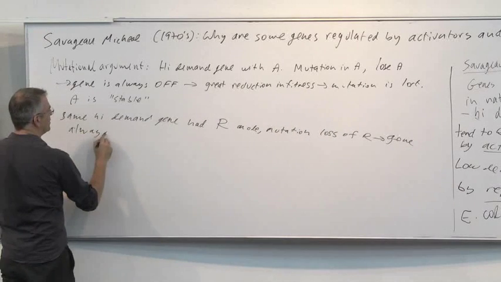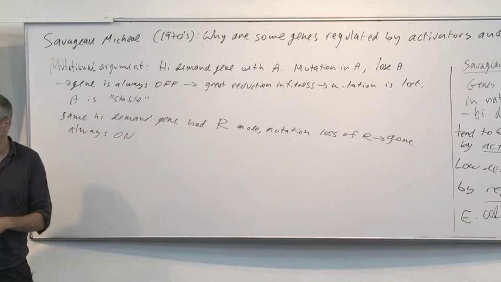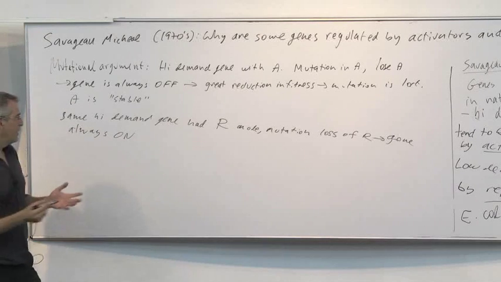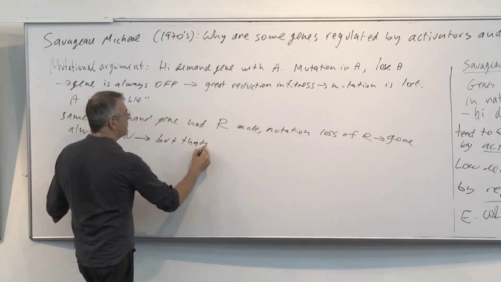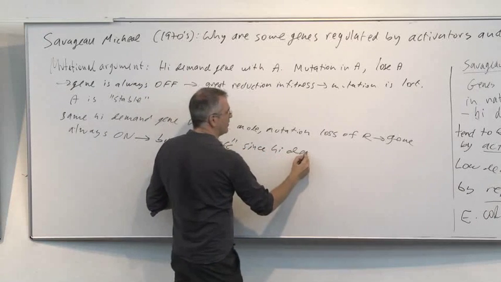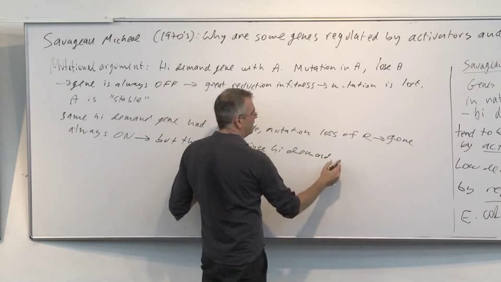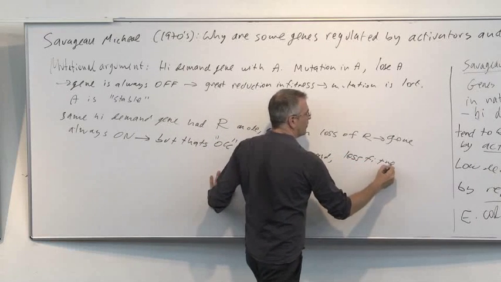That's definitely a difference between activator and repressor, right? If you get rid of the activator, the gene is always off. If you get rid of the repressor, the gene is on. But that's okay, since we're in high demand. It usually needs to be on. Therefore, less of a fitness reduction.